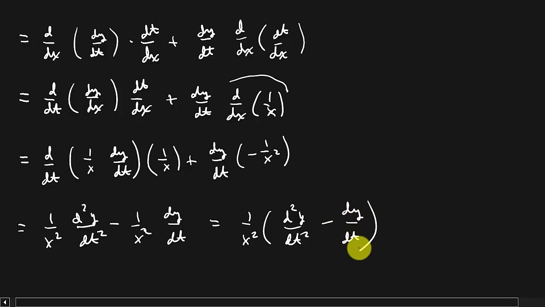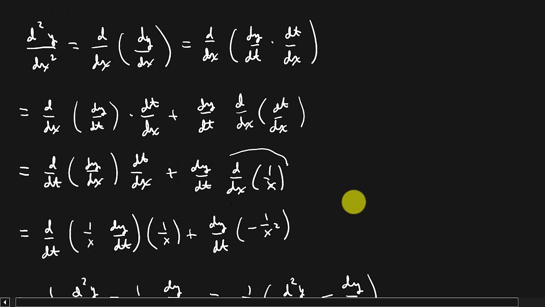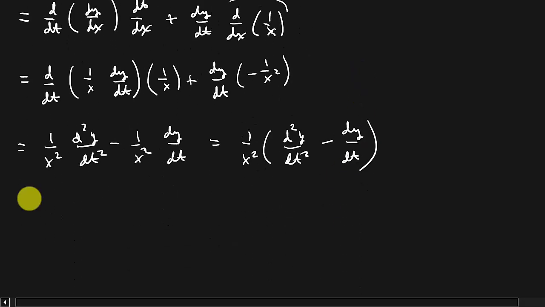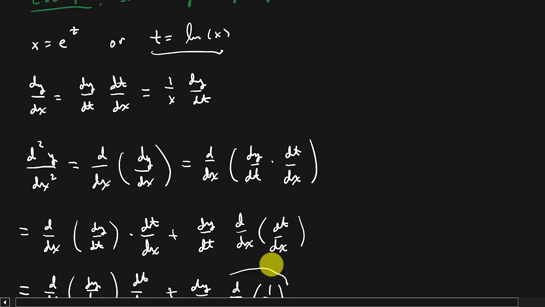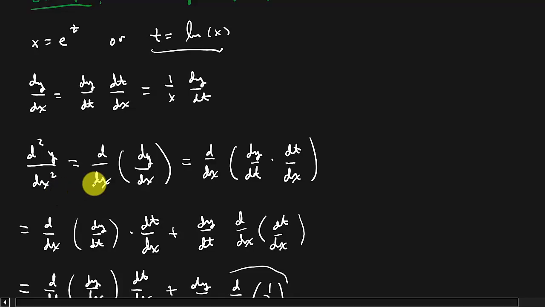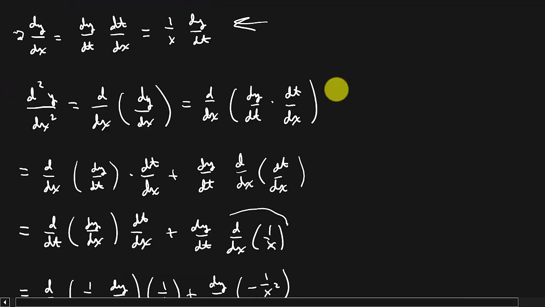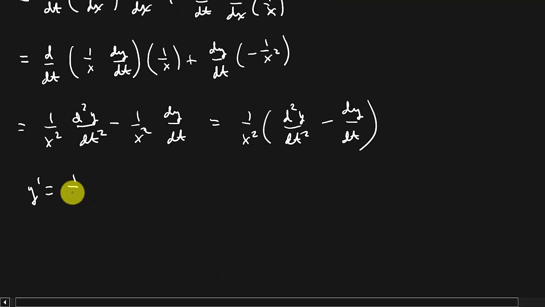So now notice here, y prime is 1 over x dy/dt.